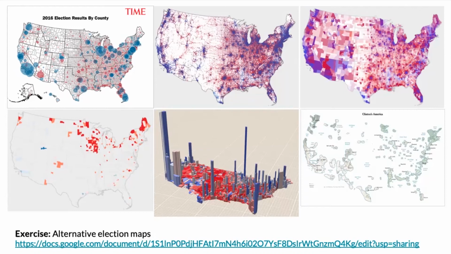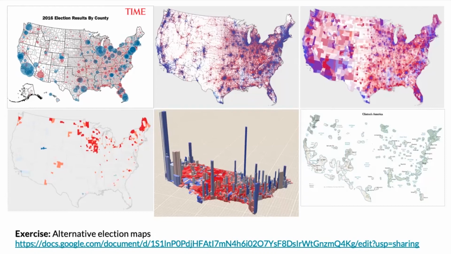Different people will prefer different things, and I hope this exercise has been interesting, because it's not that any of these maps are wrong. It's really all about the choices in how you visualize your data.